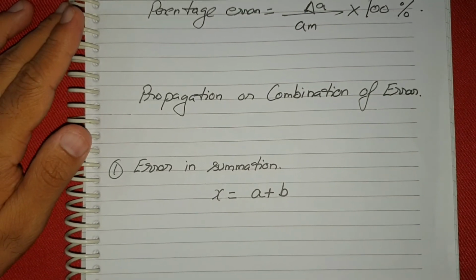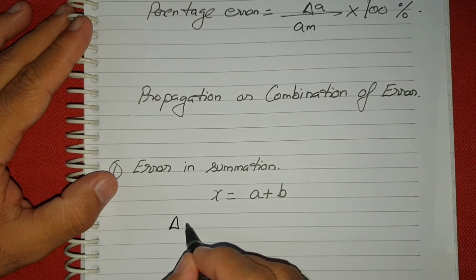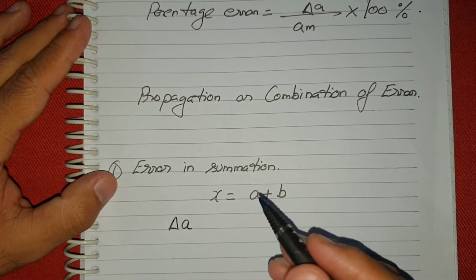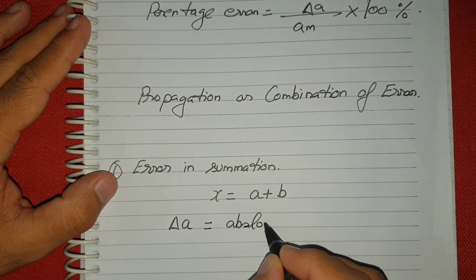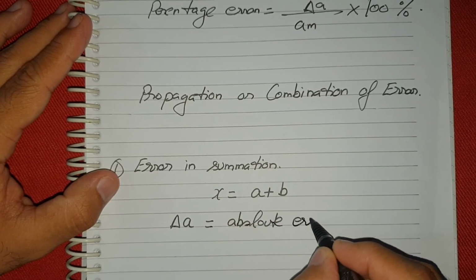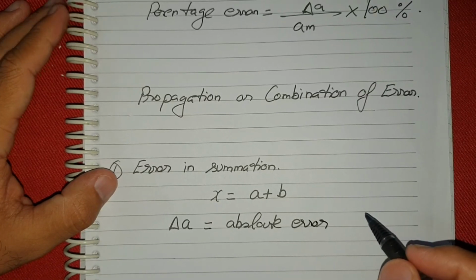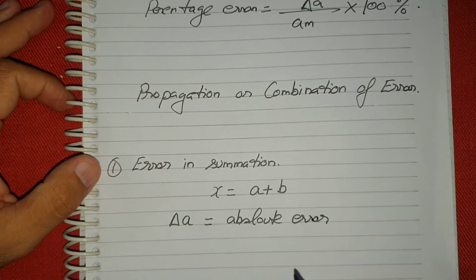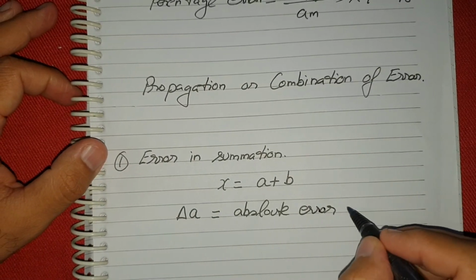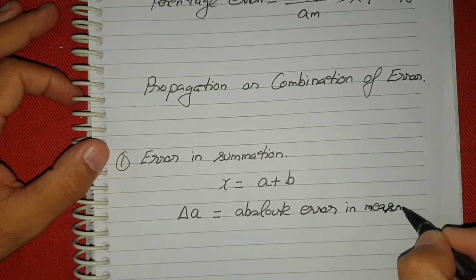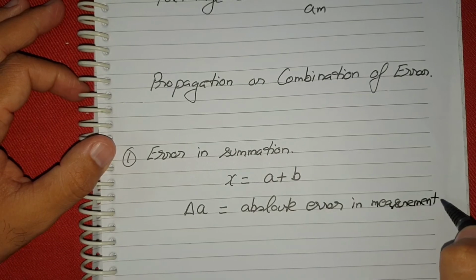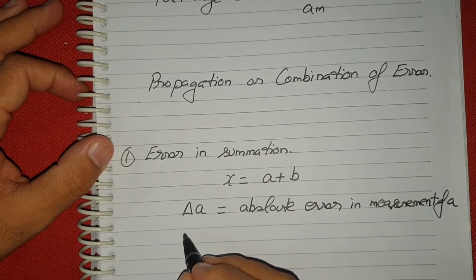Now what is delta a? Let it be the absolute error in the measurement of a.